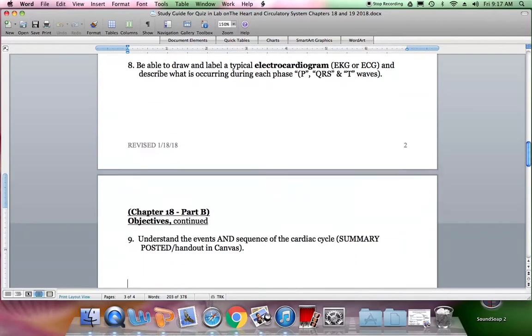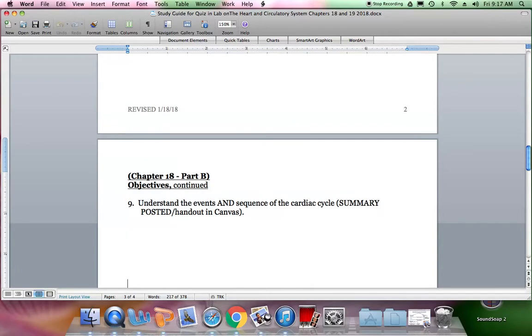Alrighty, now we're up to number 9. Understand the events and the sequence of the cardiac cycle. There's also a sheet in your module, and just print these sheets out. They're like one-page sheets. This is a summary. It's nothing more than what we've gone over in the PowerPoints and in the other objectives in the study guide.